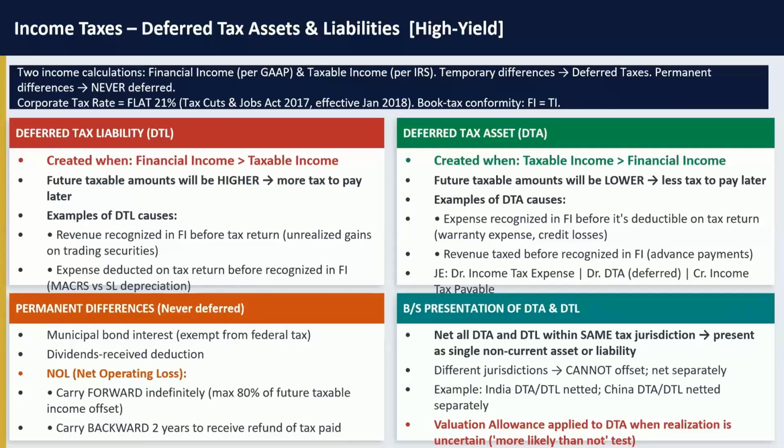When you receive income in advance, it results in DTL or DTA.